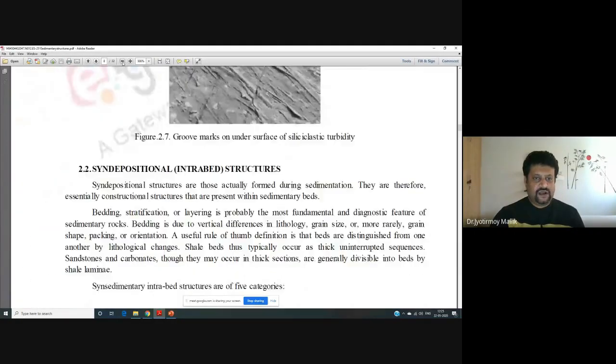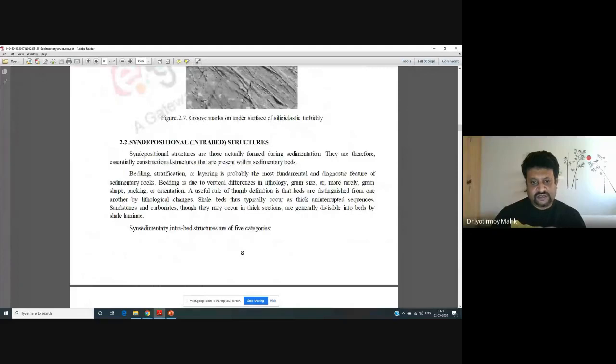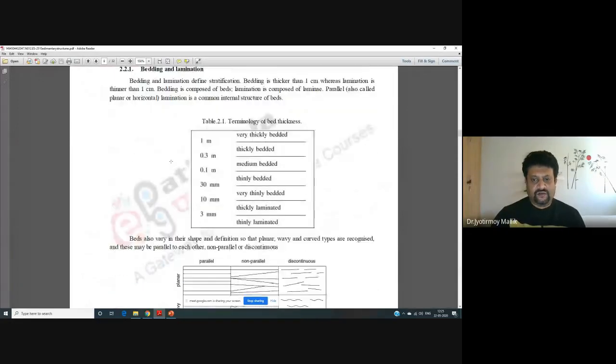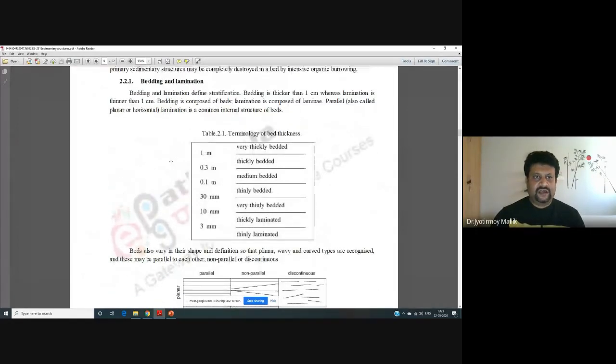Okay. So now let us talk about some syndepositional structures, and you know about them, of course. The very primary structure that develops during sedimentation is your bedding. I mean, that's the very fundamental thing. And you know the law of superposition and the law of horizontality.